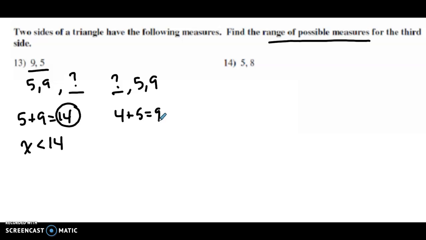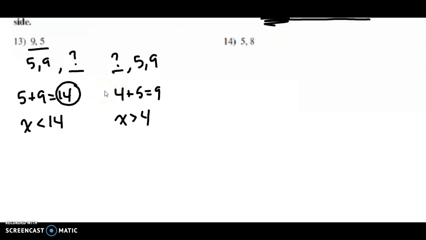So that means that my smallest side can't be 4, it must be greater than 4. Okay? So now I have two scenarios. Whatever my missing side is has to be more than 4, but it also has to be less than 14. That is the range of possible values our side can be.